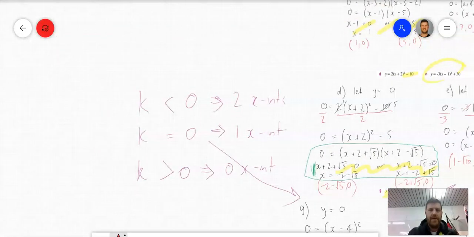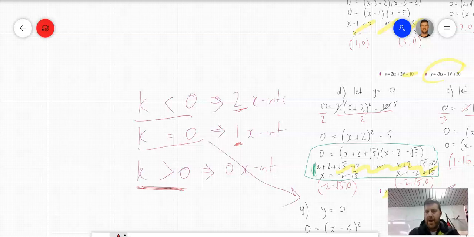When k is less than 0, so the 2 terms are separated by a minus sign, we know there's going to be 2 x-intercepts. When k isn't there at all, so k is equal to 0, there's just 1 x-intercept, it's a perfect square. And when k is greater than 0, so it's 2 terms separated by a plus sign, we can't factorize it any further using difference of perfect squares. It means there are no x-intercepts.